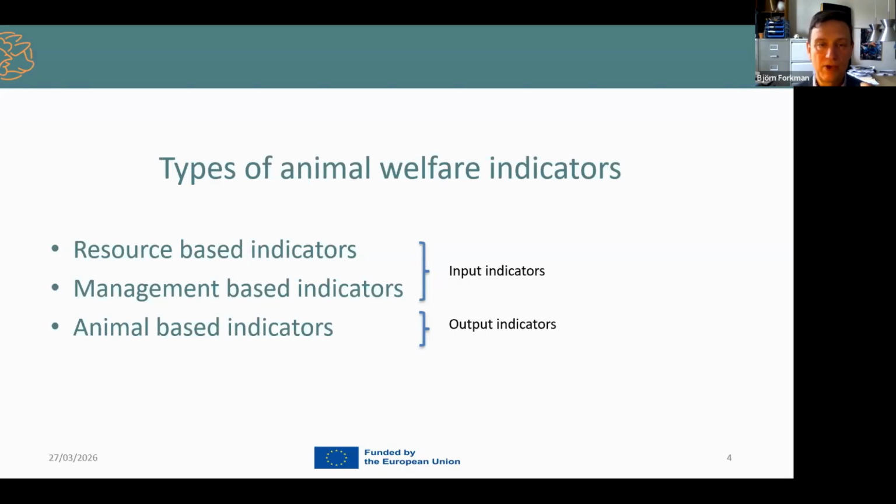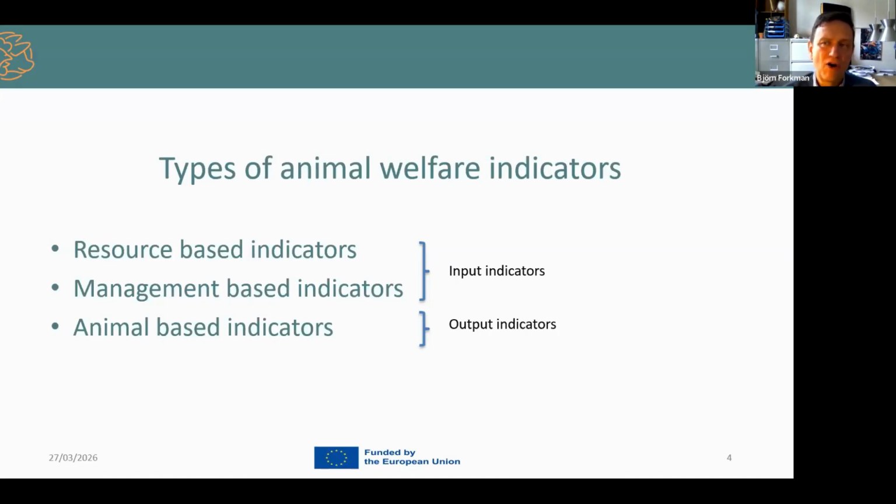Now, there's no doubt that both resource-based indicators and management-based indicators are very, very important for animal welfare. The problem is that the relationship between animal welfare and the indicators is dependent on many other things. If you've been out on a farm, I'm sure you know that you can visit one farm, Farm A, and it has a certain stocking density, certain number of drinkers, length of feed trough, etc. And it has excellent welfare for its animals.